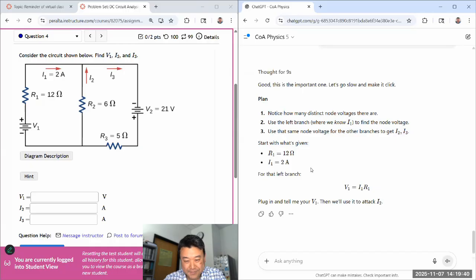"Start with what's given for the left branch. Plug in and tell me your V1." I mean, we'll follow. So, tell me your V1. How would you even get V1? V1 is I1 R1. That's not right.